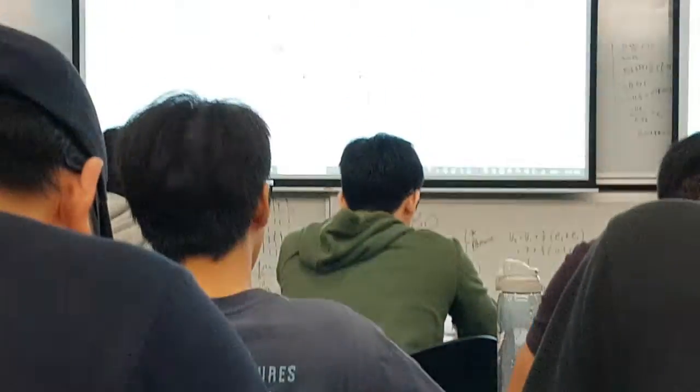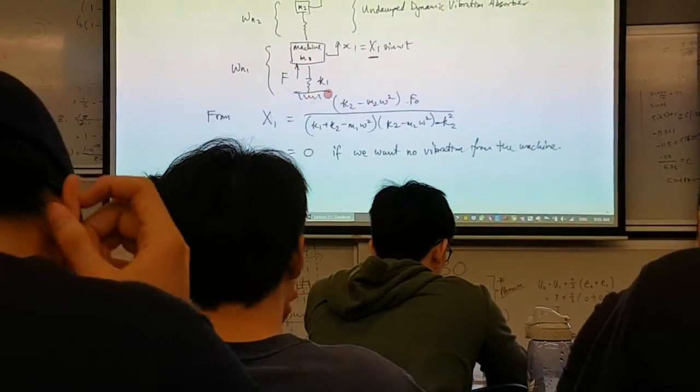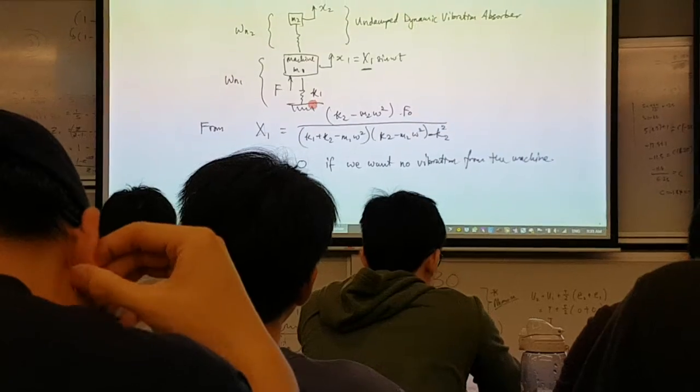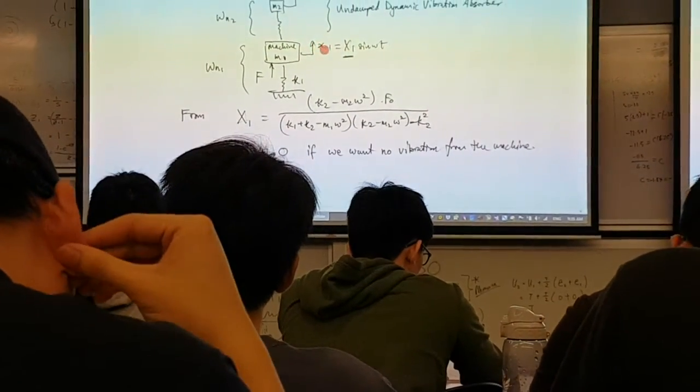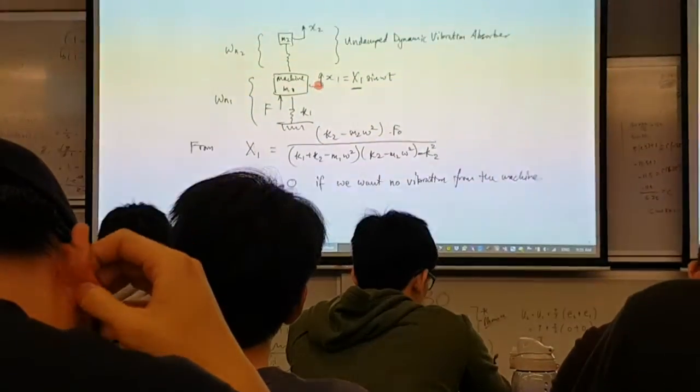And why do we want such a way that the machine has no vibration? Well, that's because if there's vibration over here, then it will be transmitted to your foundation, and that's bad. We don't want any vibration to be transmitted to the foundation. That's why, as much as possible, let's try to make sure that this X1 over here is also 0.